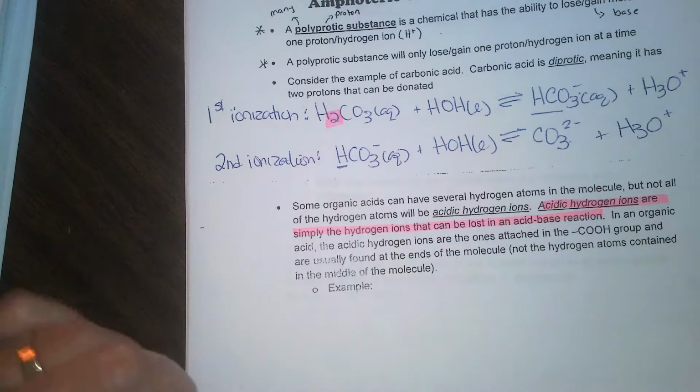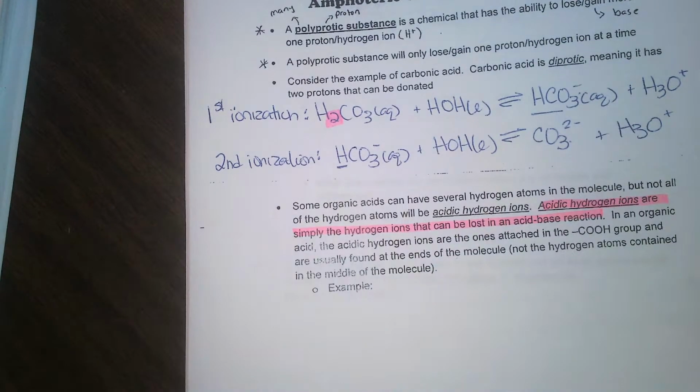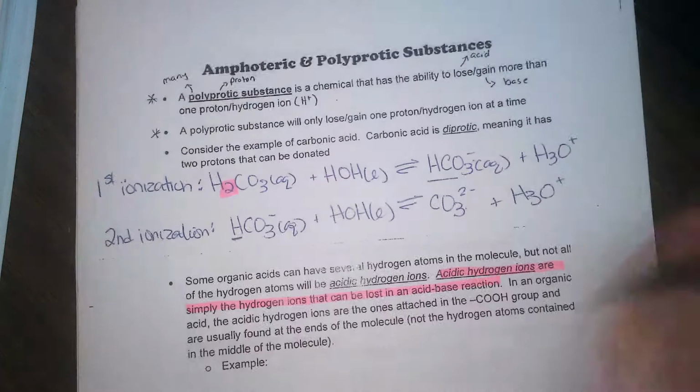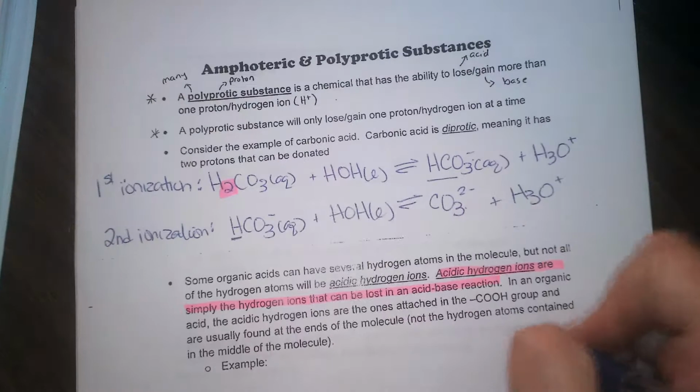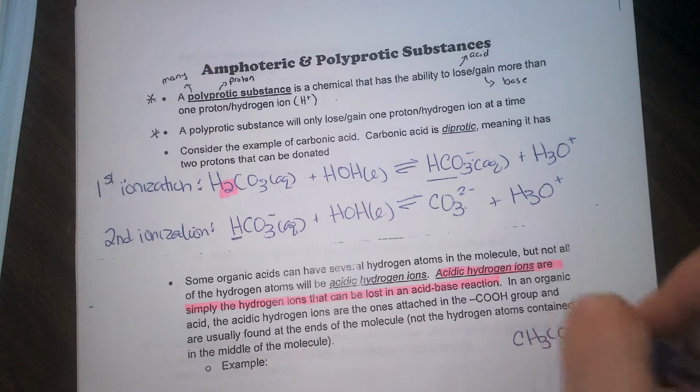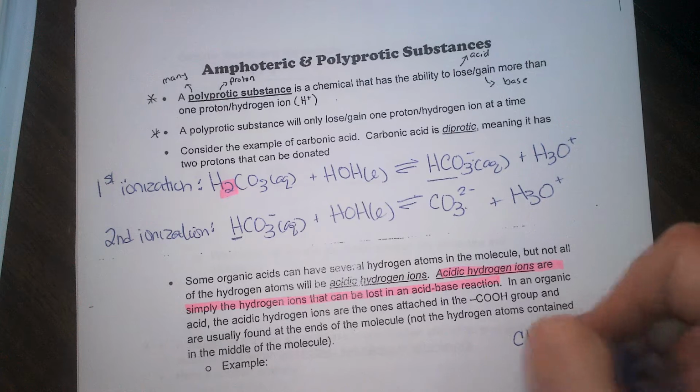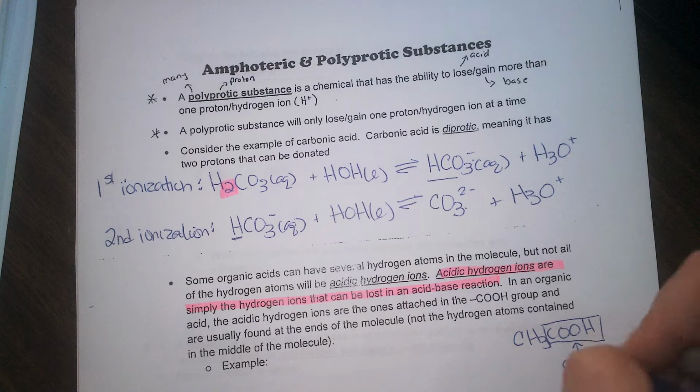In an organic acid, the acidic hydrogens are the ones that are attached in the COOH group. Yeah, so we learned this, CH3COOH. This functional group means that this is a carboxylic acid, right?